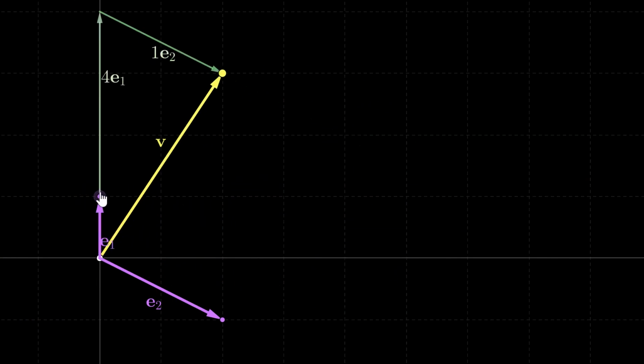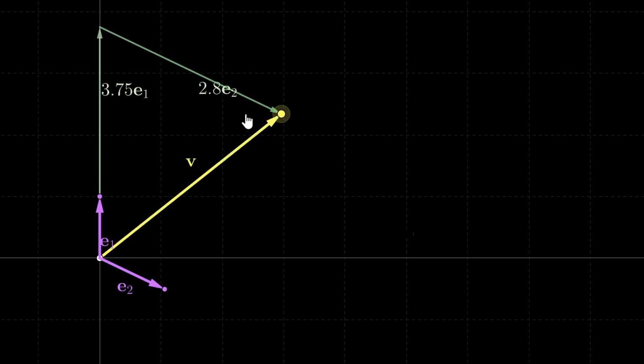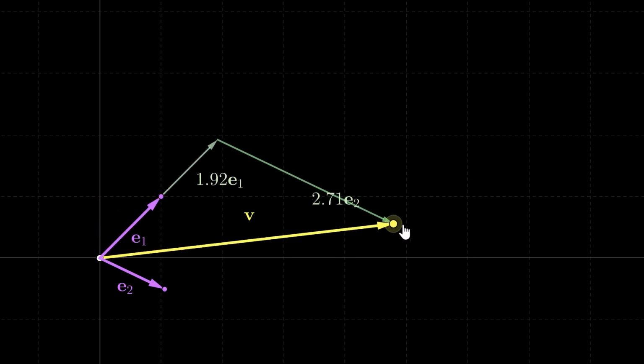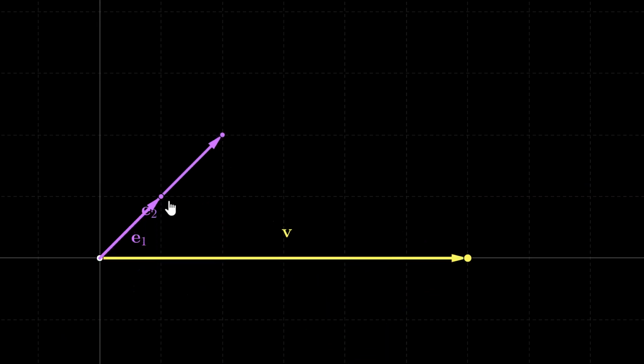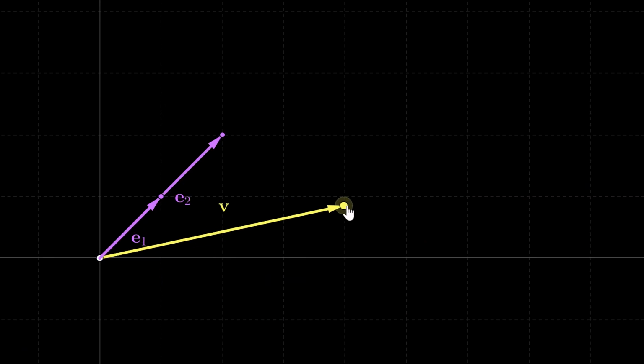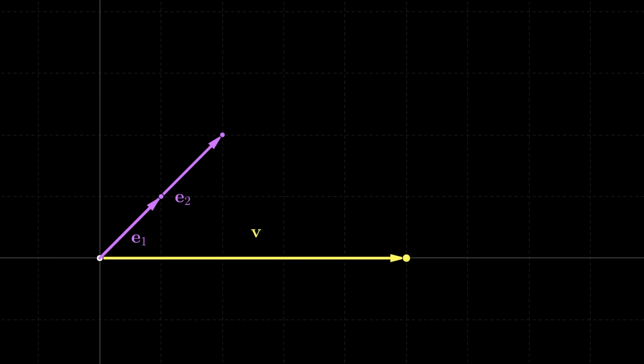Notice that we can choose any 2 vectors which are linearly independent. The only problem comes when the 2 vectors are linearly dependent, in which case this is no longer a valid basis and we cannot describe vectors in 2D space by a linear combination of them.